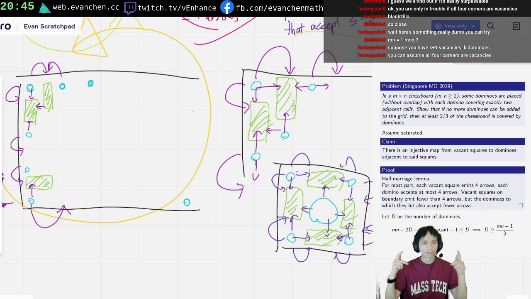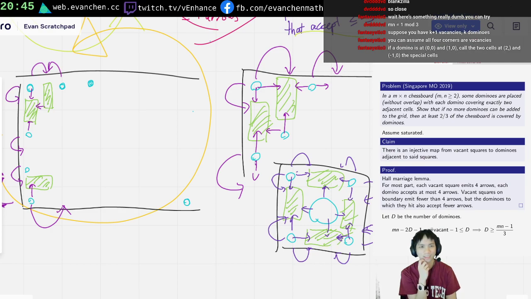You can assume all 4 corners are vacancies. Great. If the domino is at 0, 0, it's in 0.